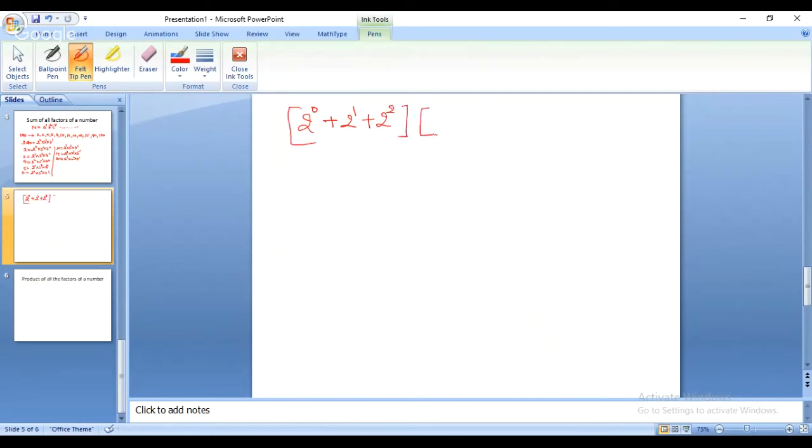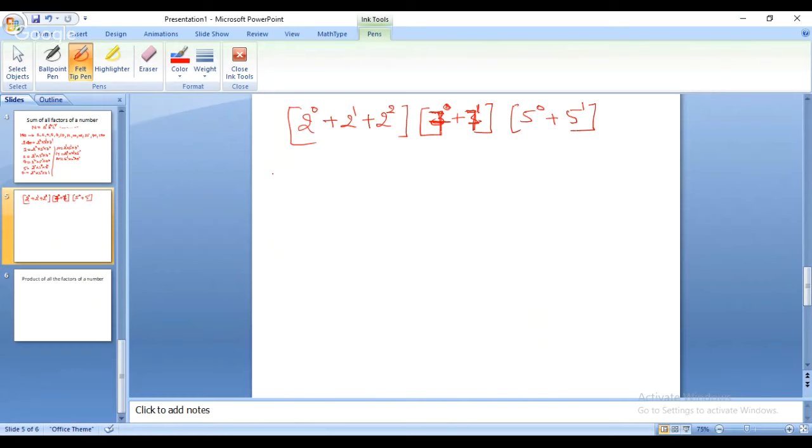In addition, 7 to the power 0 and 7 to the power 1 are common in all of them, right? And the other prime was 5: 5 to the power 0 plus 5 to the power 1. That was common in all of them, right? So we will move up to the highest power.